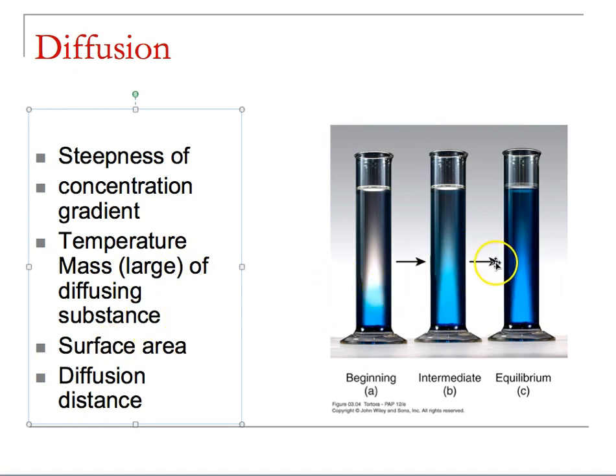And everything wants to get to what we're going to call equilibrium. Now, I teach you that you don't want to be at equilibrium, right? And you'll see what I mean by that in general.